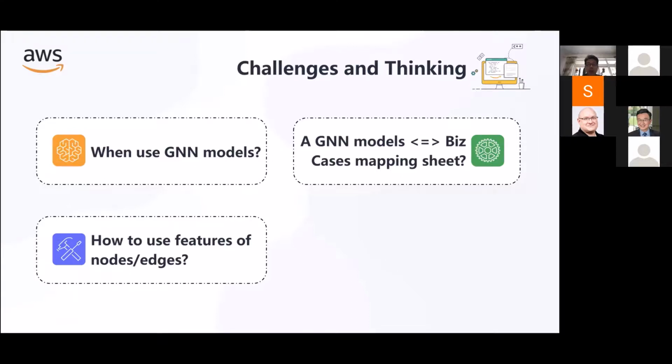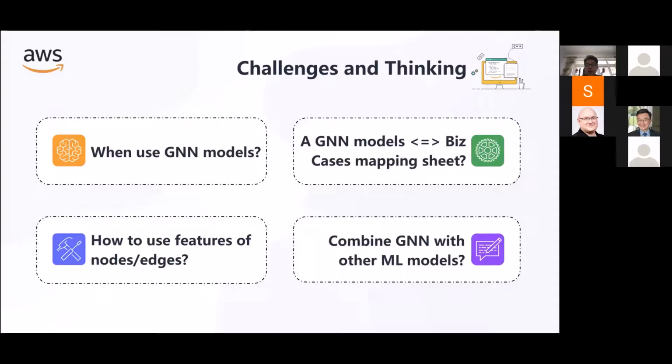But whether that is a good way to use features of nodes and edges is unclear, because GNN leverages both graph structure and node and edge features in one model instead of separate models. But sometimes they have this over-smoothing problem. So that's still a very challenging topic for me, at least: how to leverage the features of nodes and edges.